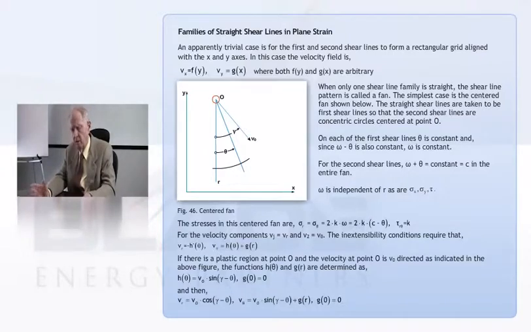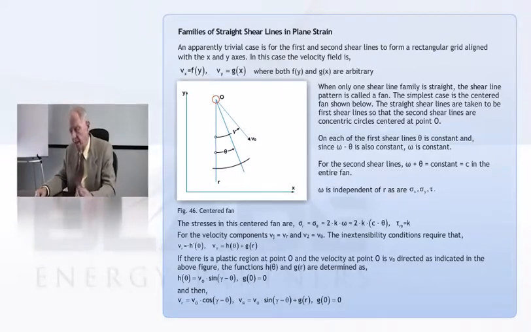When only one family of the lines is straight, then that's called a fan. And in these notes, I've covered both of the kind of fans that Prager and Hodge cover in their book. But I think today I just want to talk about the one where it's called a centered fan.